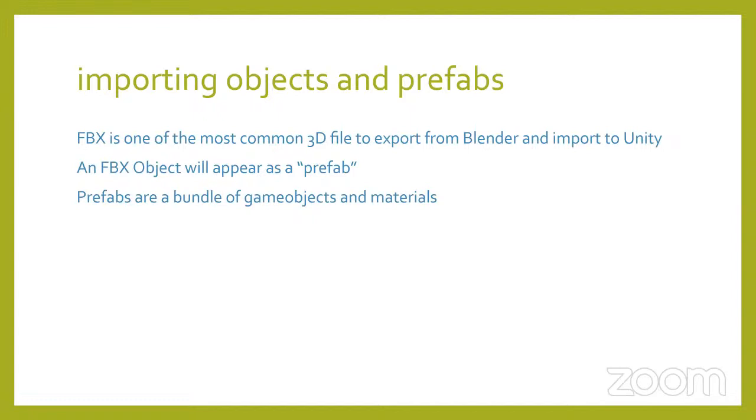Most often you will want to import something from another software like Blender. Prefabs are sort of a Unity word for a bundle of game objects and materials, and oftentimes FBX objects will appear as prefabs. Prefabs are just bundles. It's a fancy word, but there's really nothing much to it.